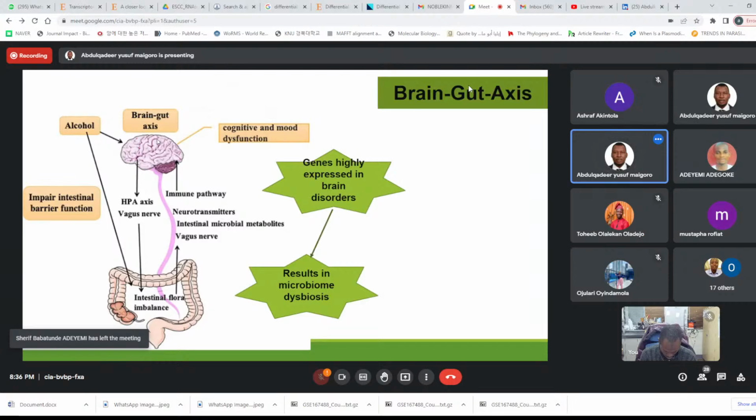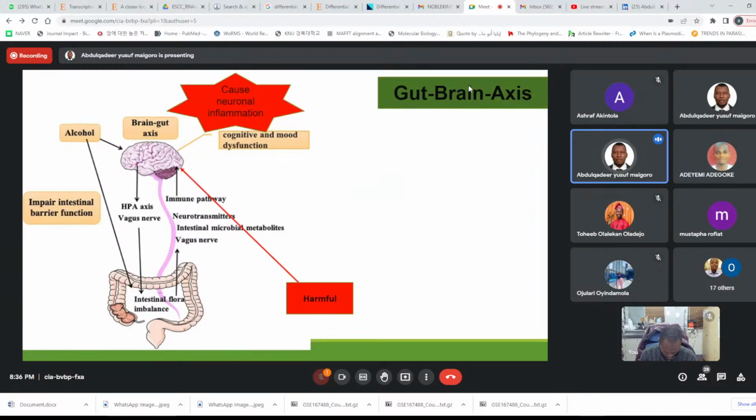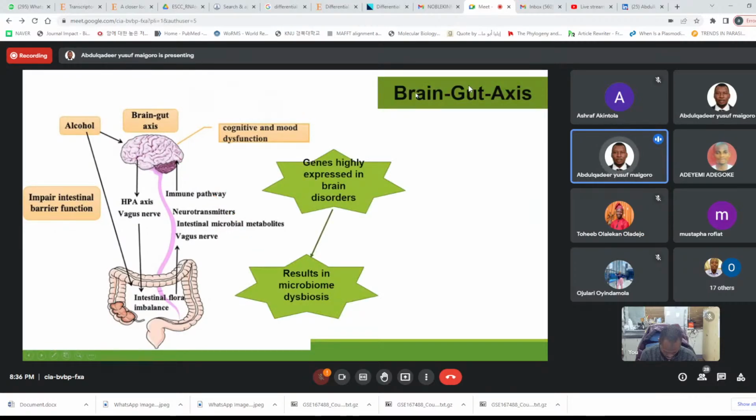So in the reverse case, here we talk about what happens from gut to brain axis. But in the reverse case, from brain to gut axis, how does the brain also influence the dysbiosis? Previously, we explained how the microbiome influences brain disorders and all that.